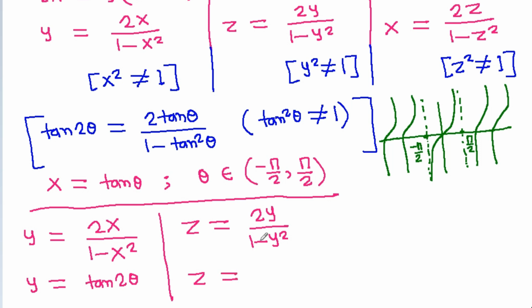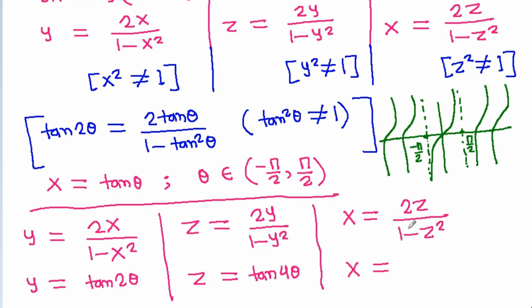So z will be equal to 2 tan 2 theta by 1 minus tan square 2 theta, that will be tan 4 theta, and x is equal to 2z by 1 minus z square.